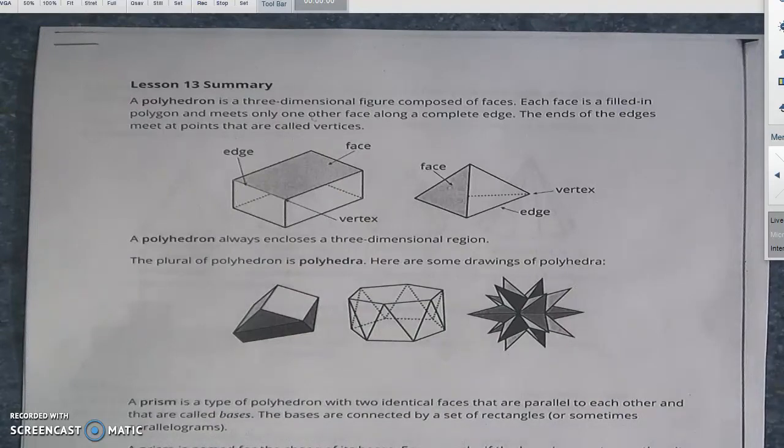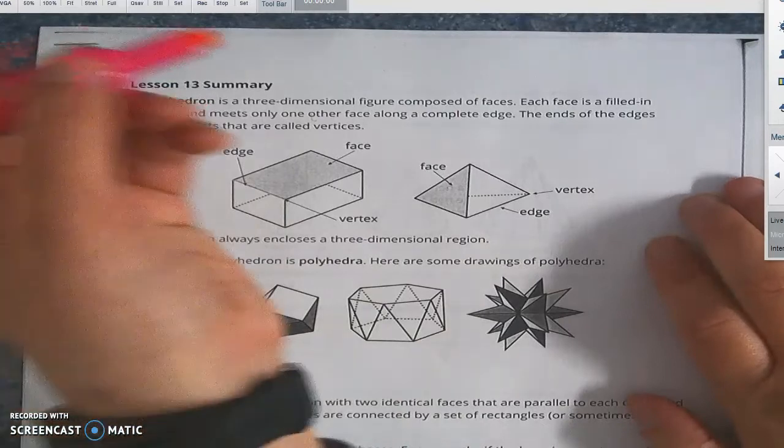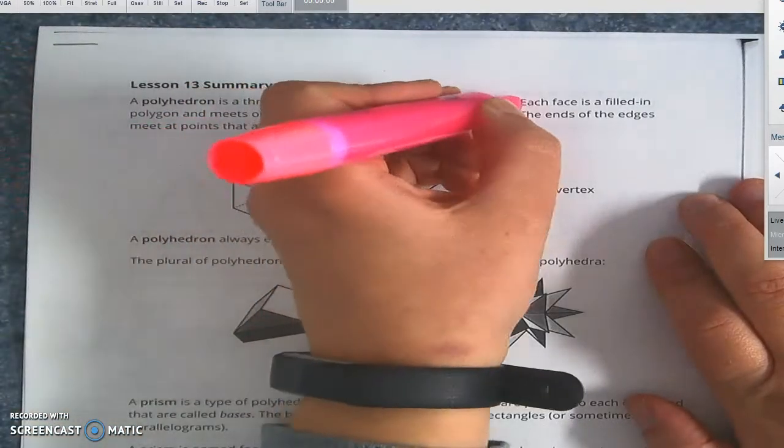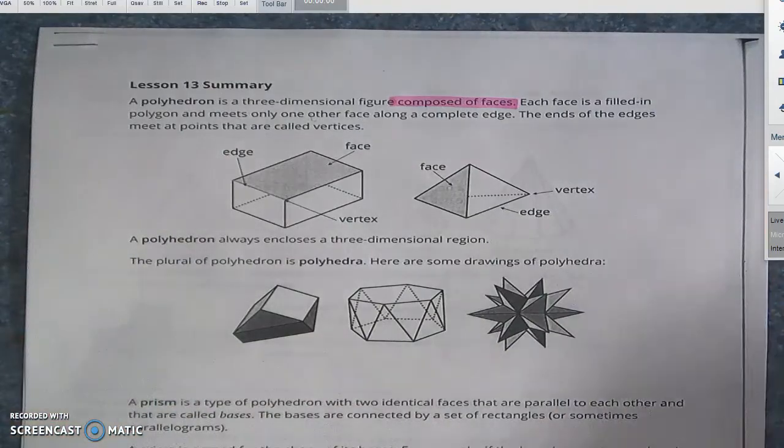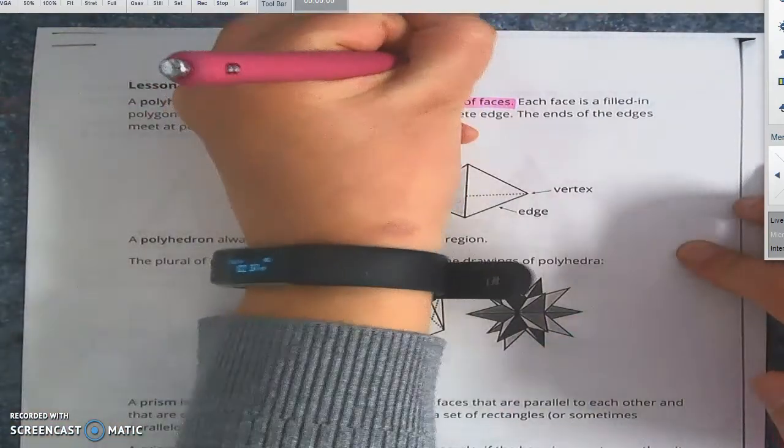A polyhedron is a 3D figure composed of faces. Each face is a filled-in polygon and meets only one other face along a complete edge. The ends of the edges meet at points that are called vertices. So it's a 3D figure composed of faces, which are flat sides.